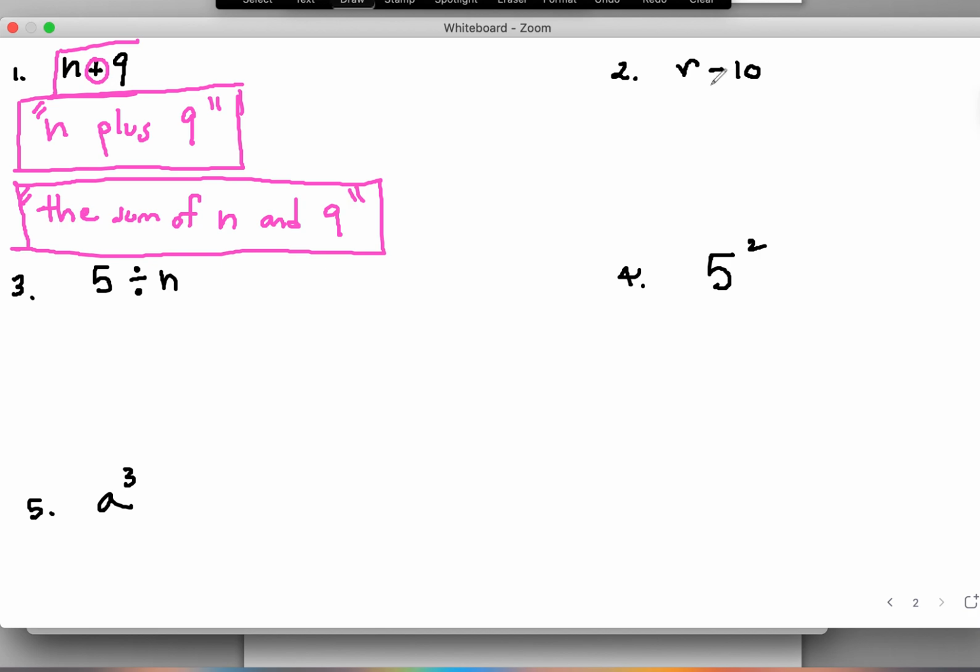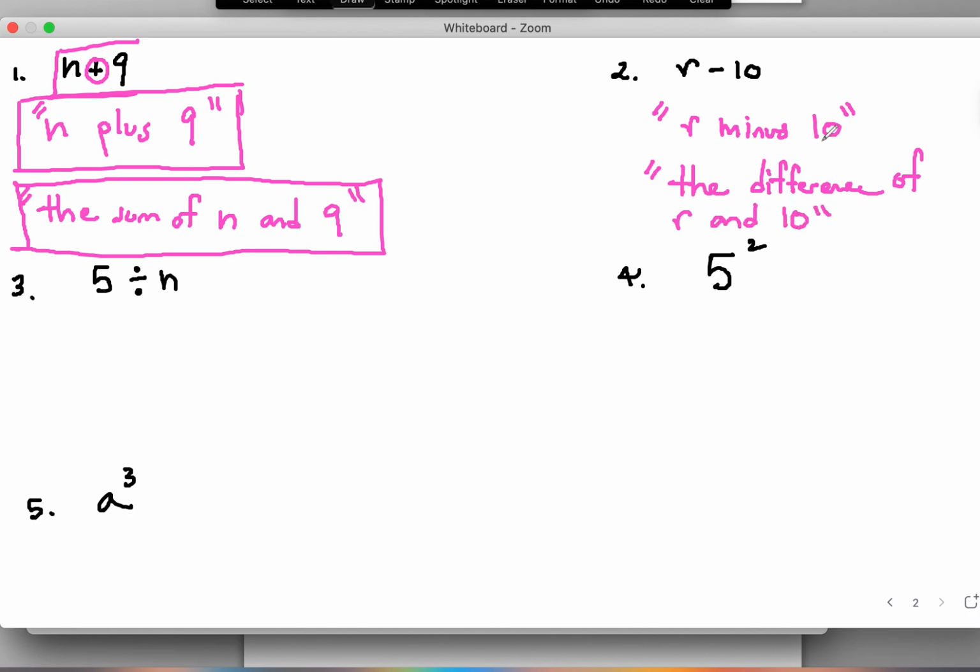Now the next one. The next one we could just say r minus 10. Or we could say the difference of r and 10.